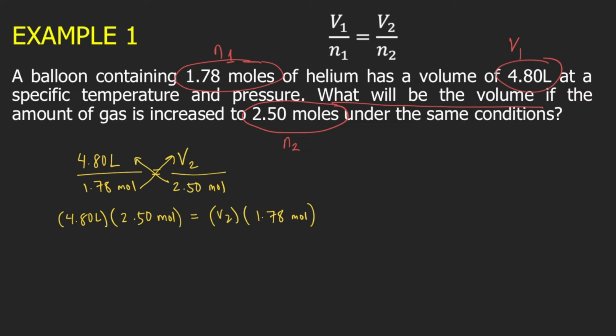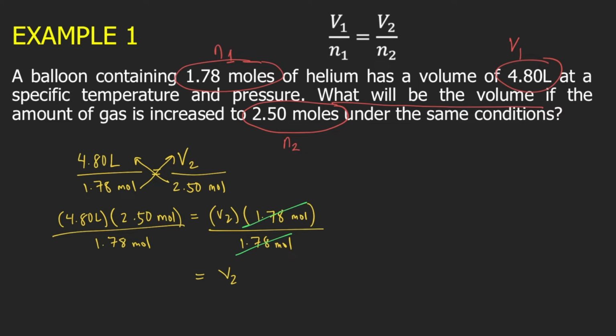If you want to solve for V2, divide both sides of the equation by 1.78 moles. So 1.78 moles cancels on the right side, and what remains on the right side is V2.